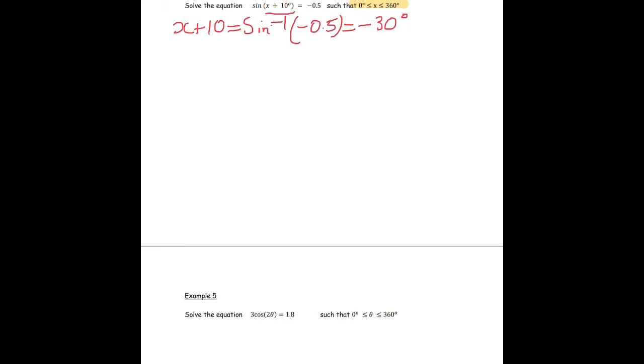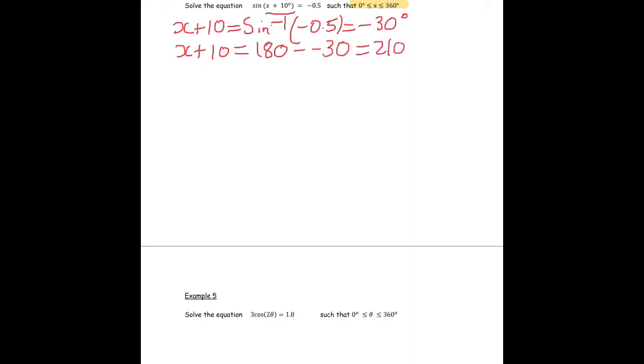So we now need to find the alternative angles of x plus 10. We are still looking at our original angle x plus 10 even when we are finding the alternative angles. Remember, for sine, go up in 180s, take away, then add, take away, then add, take away, then add. Keep going.